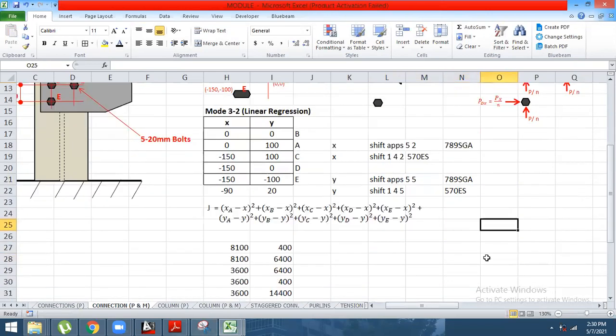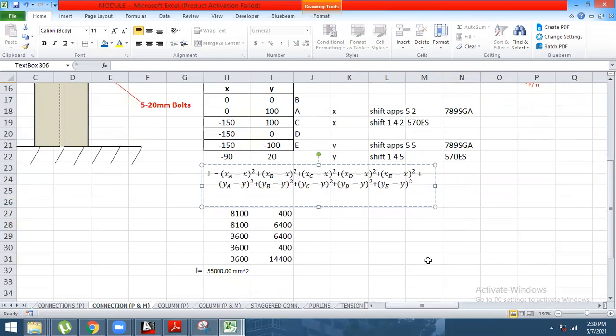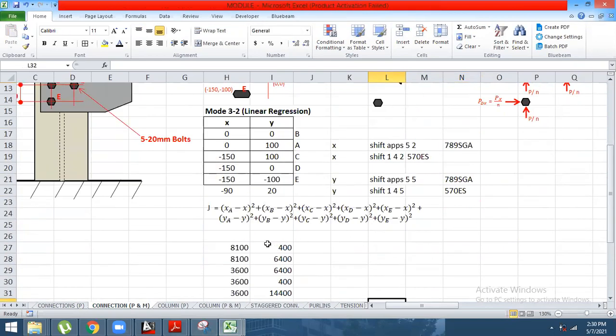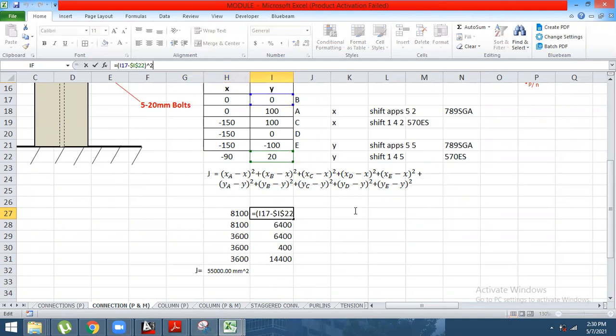Okay, ayan. How about for the J, sir? By conventional method for J, we can get those values by the summation of x minus x bar squared, and then y minus y bar squared.